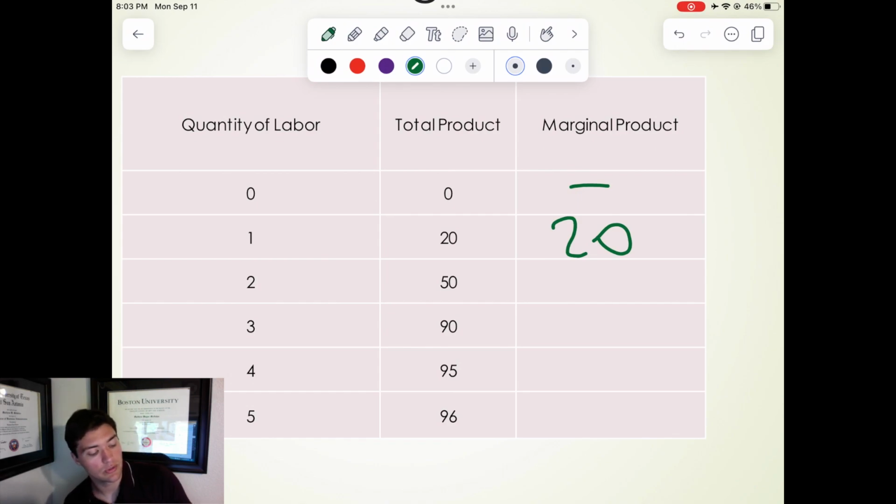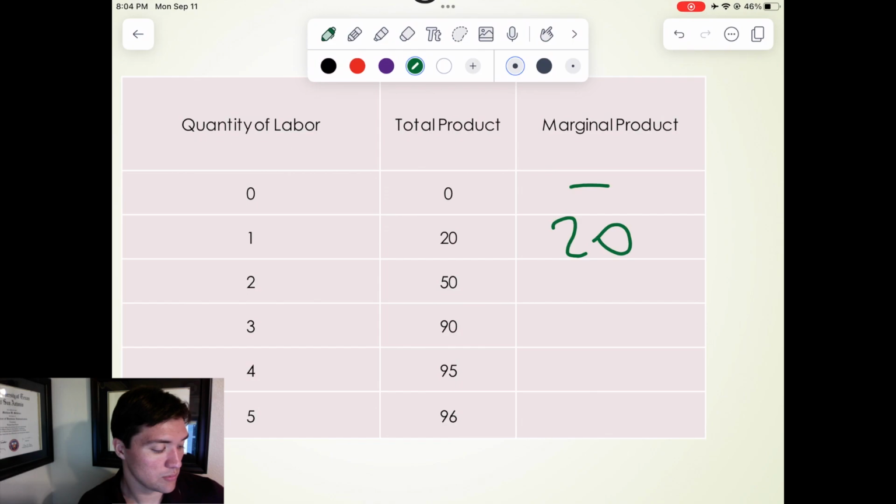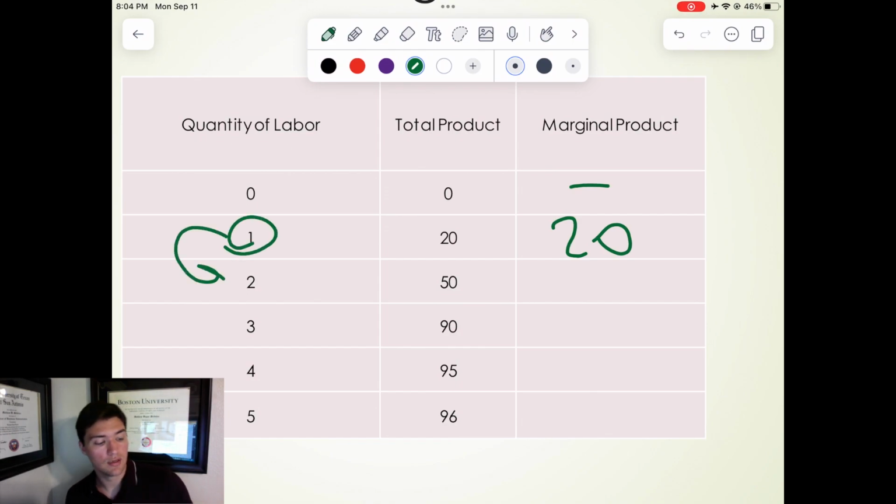For the next one, you're going to 50. Look at where you started and where you ended. Because you hired the second person, you were at 20 and now you're doing 50. So that's an increase of 30.